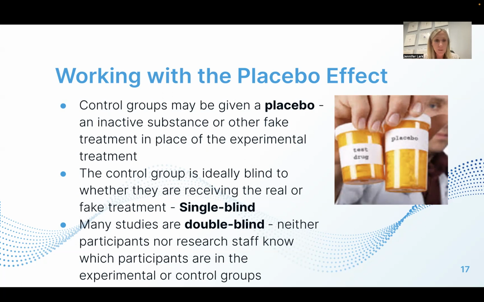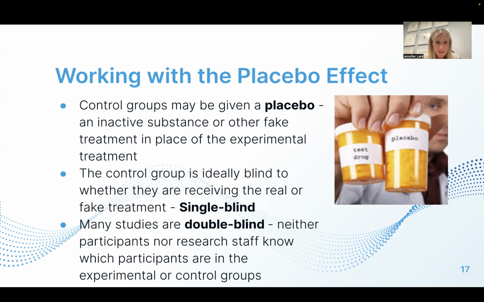So again, a single blind study is when participants are blind as to whether they are in the experimental group or the control group. If there are instances where you think you might get accused as a researcher of having a bias or really a high investment in wanting the results to turn out a certain way, then you should also arrange to do a double-blind study.